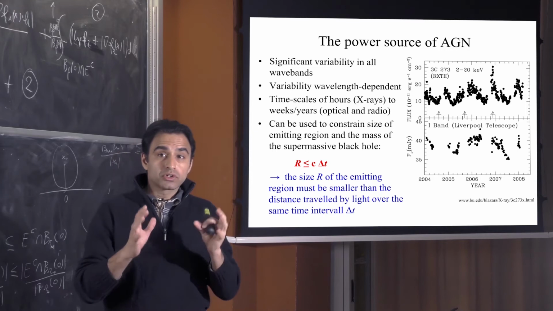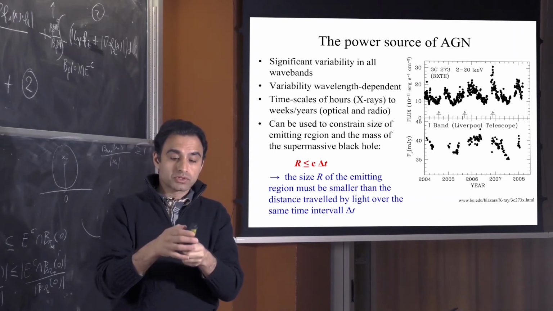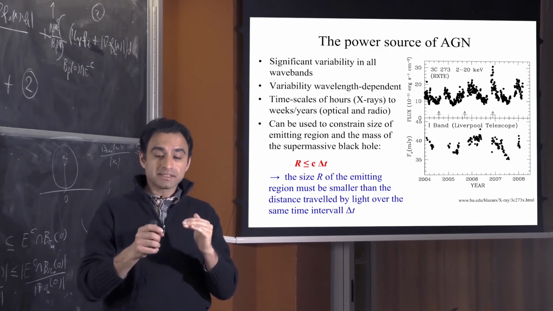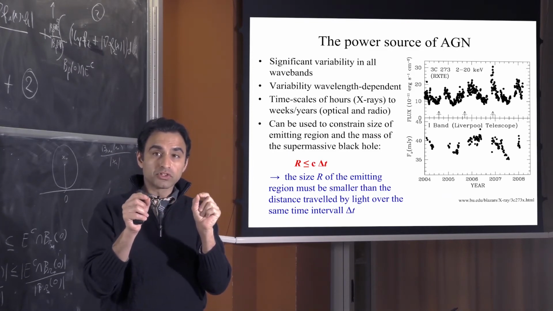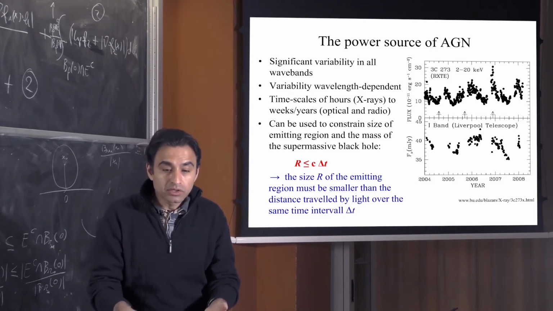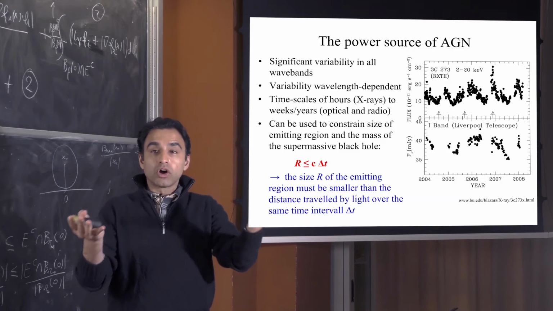For a source to vary in its flux, it means that each part of the source must be coordinated in a way to vary its flux at all points.